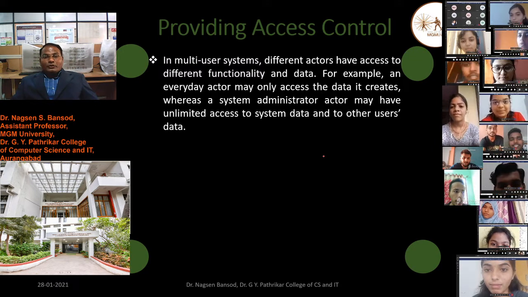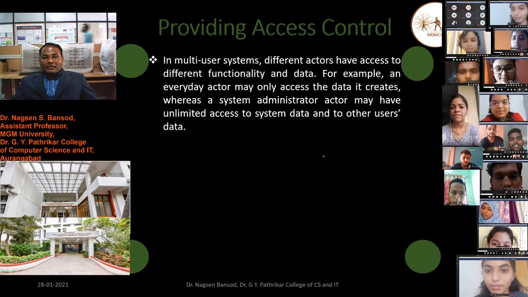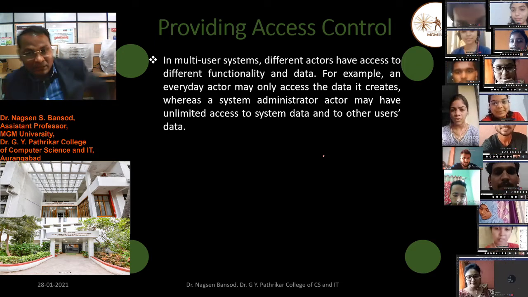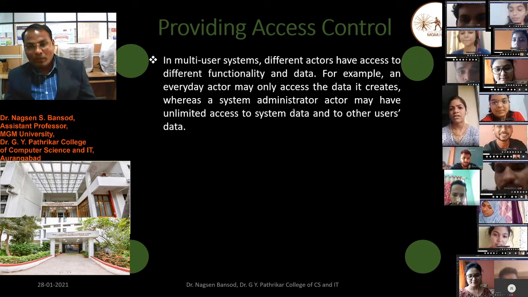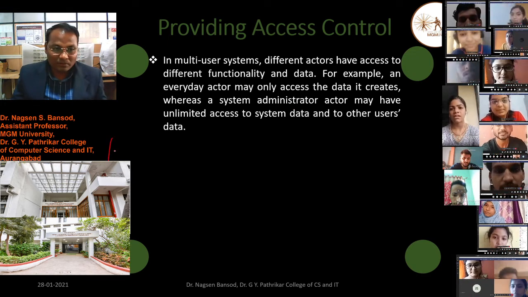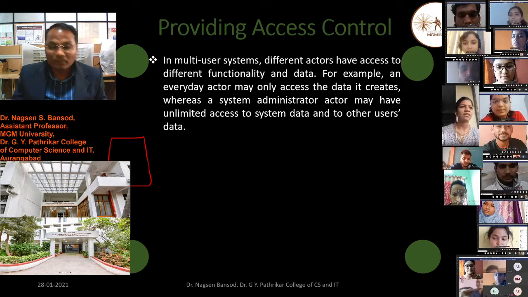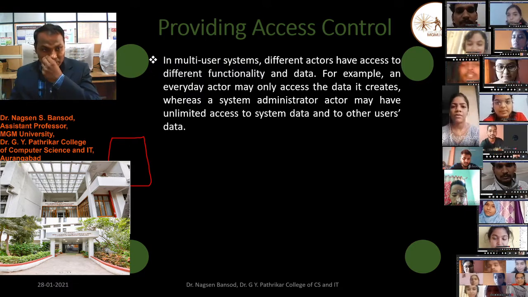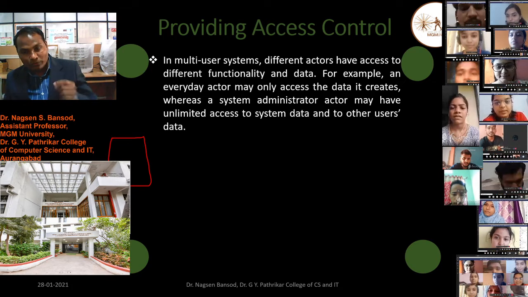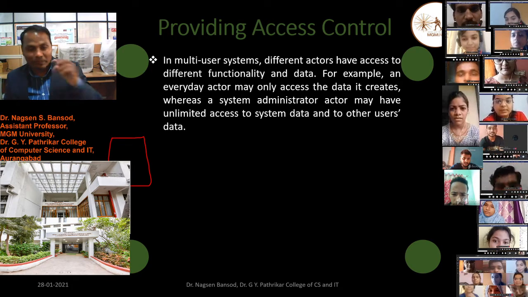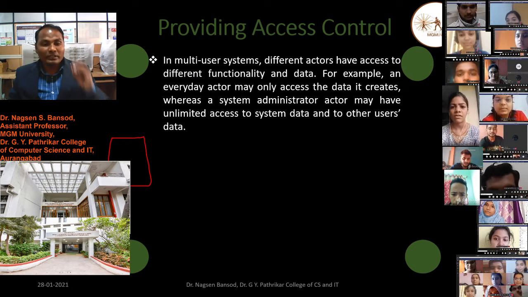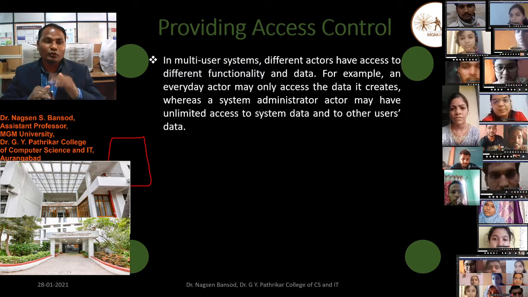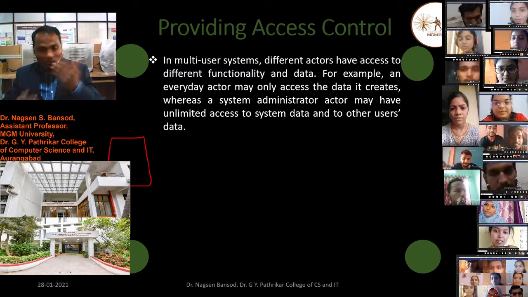In a multiple user system, different actors have access to different functionality and data. Like suppose an ATM machine. We know in an ATM machine the money is stored, but to access that money we need the ATM machine, and our account should be in that particular bank, and there should also be some balance in our account so that we will be able to withdraw the money.